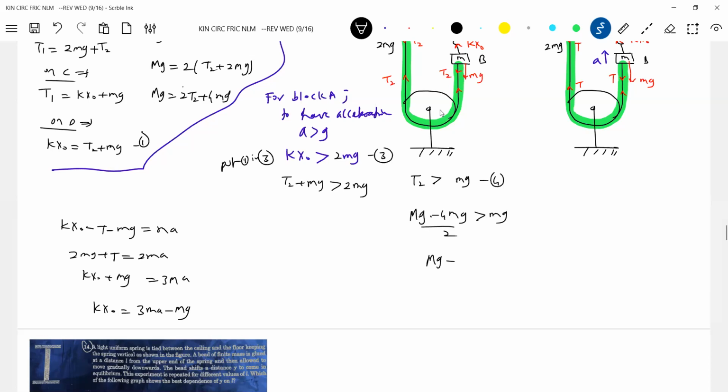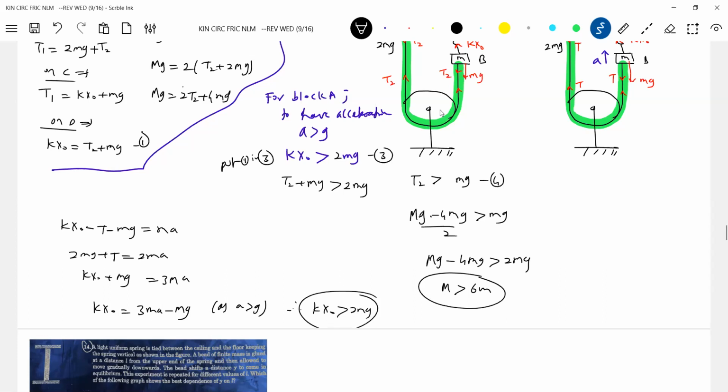So this will be mg minus 4 mg greater than 2 mg, 6 m. So here I'll put this condition as A must be greater than g. Therefore Kx naught should at least be 2m.